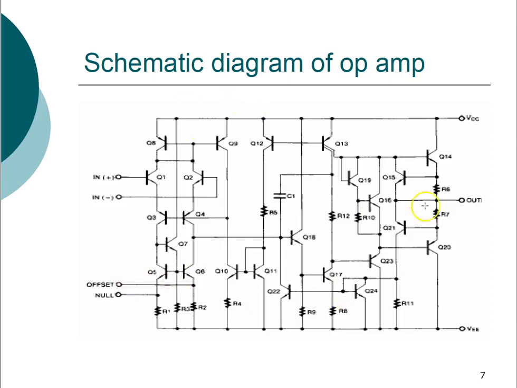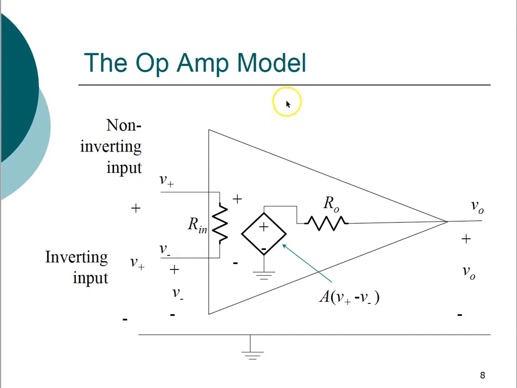So this was your internal circuit of an op amp. Now next we have the op amp model. This is the simple op amp model, and we have two supplies here, V positive and V negative. These are the two supplies which are utilized in the operational amplifier.